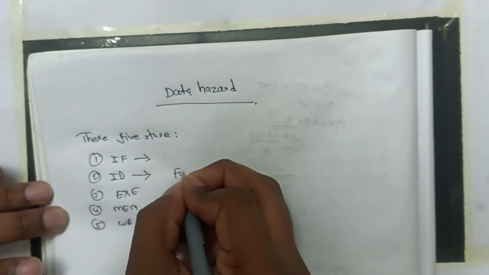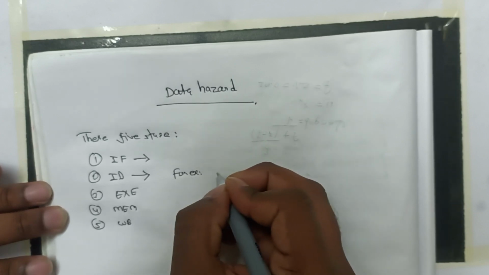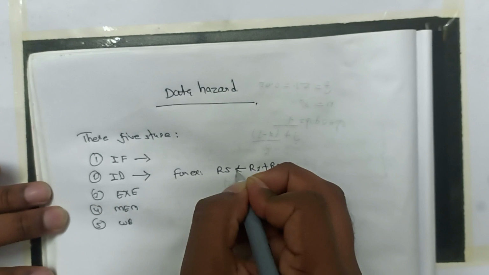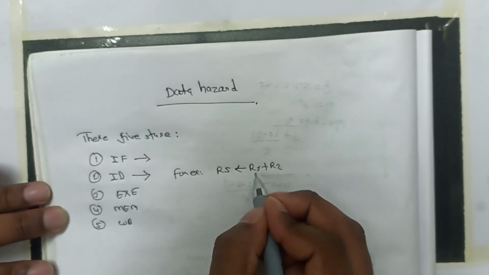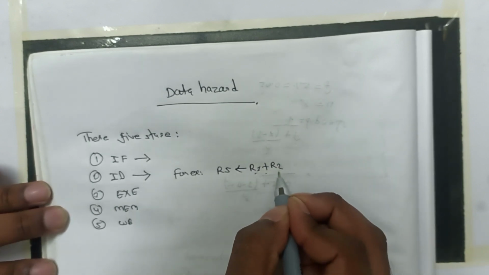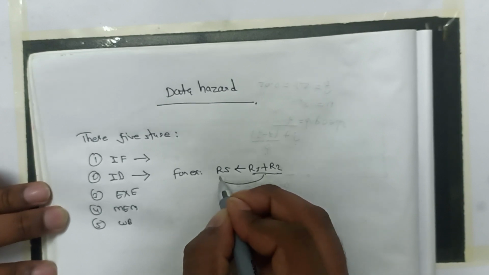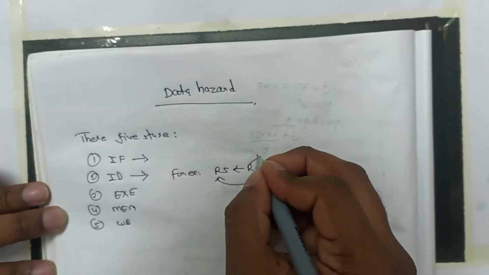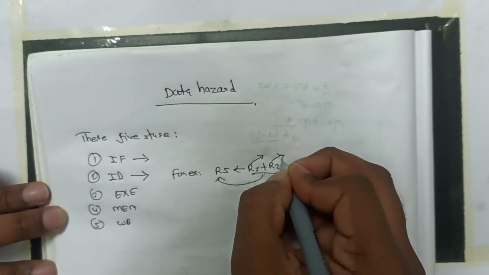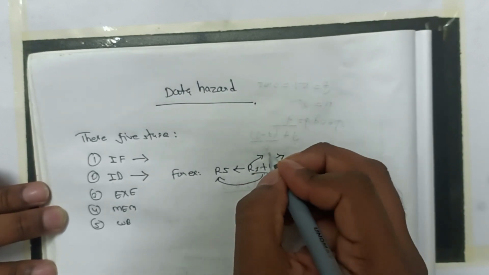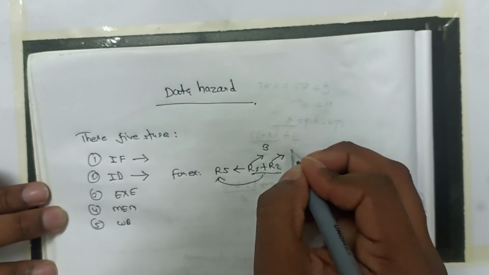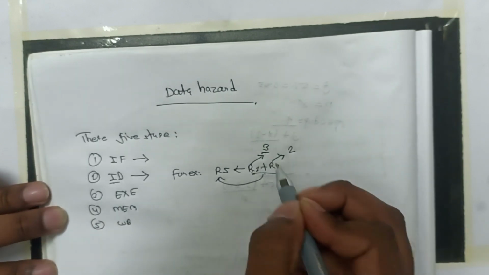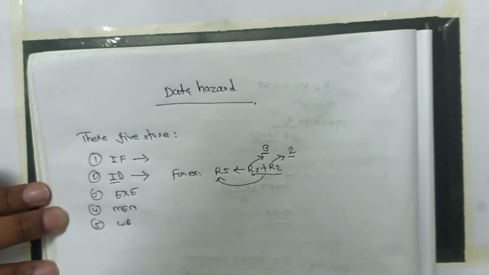For example, let's suppose R1 plus R2. It means register R1 is added with register R2, and this value is stored in R5. In the instruction decode, the value of R1 is decoded and R2 is decoded. Let's say the value of R1 is 3 and the value of R2 is 2. It means in the decode, we just take the value of R1, 3, and R2, 2.